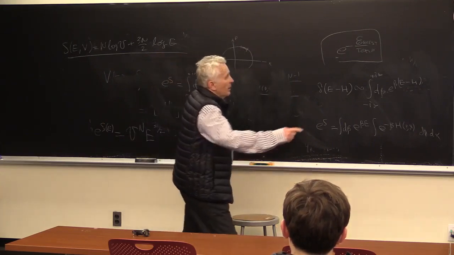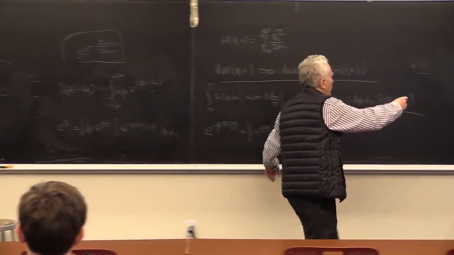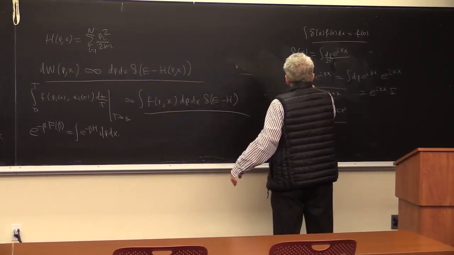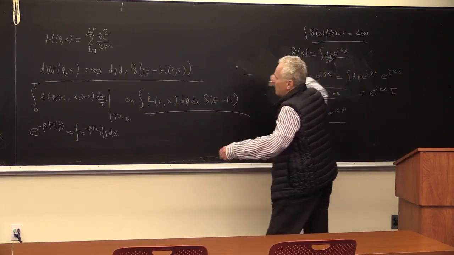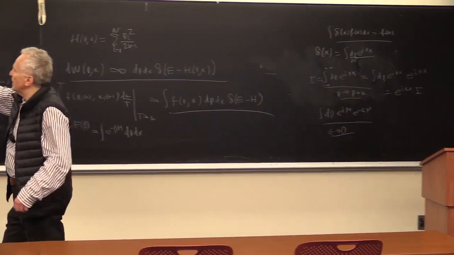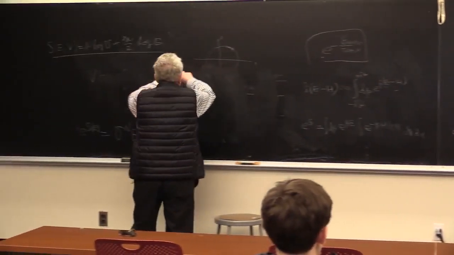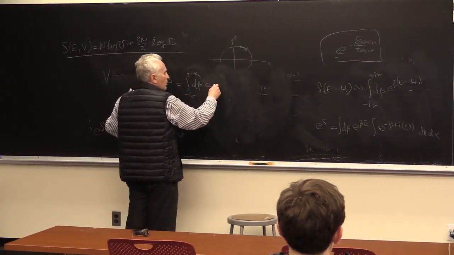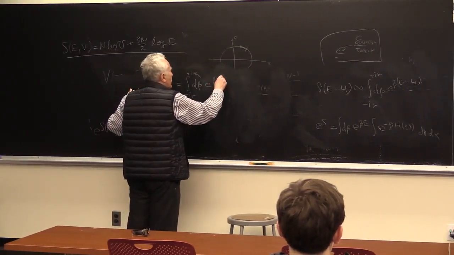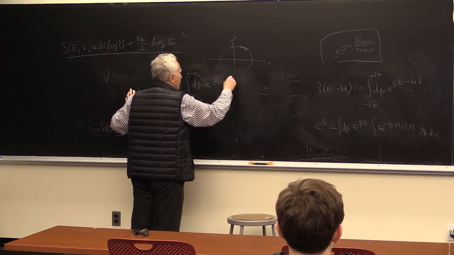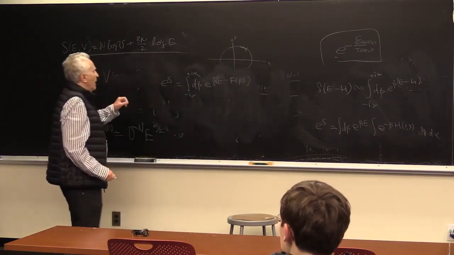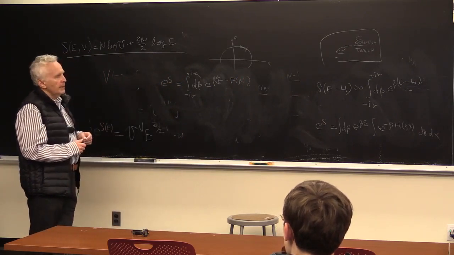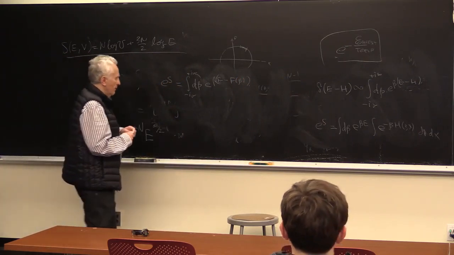By the way, here I integrate from minus infinity to plus infinity, but you can also change beta to i beta, and it will be literally the integral like that. That's a more convenient form. e to the beta E minus F of beta. And we have to calculate this integral.